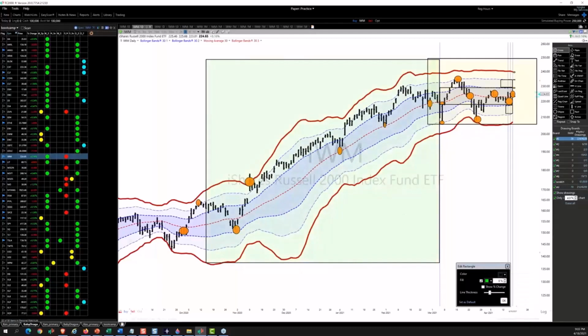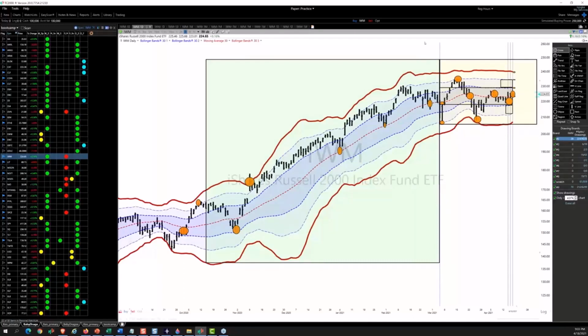And now you can notice that the distance between the Z3 lines, which was wide during the trend, is now starting to compress and the slope of the river is getting sideways. So we've clearly entered a sideways quiet channel after a strong bullish move.